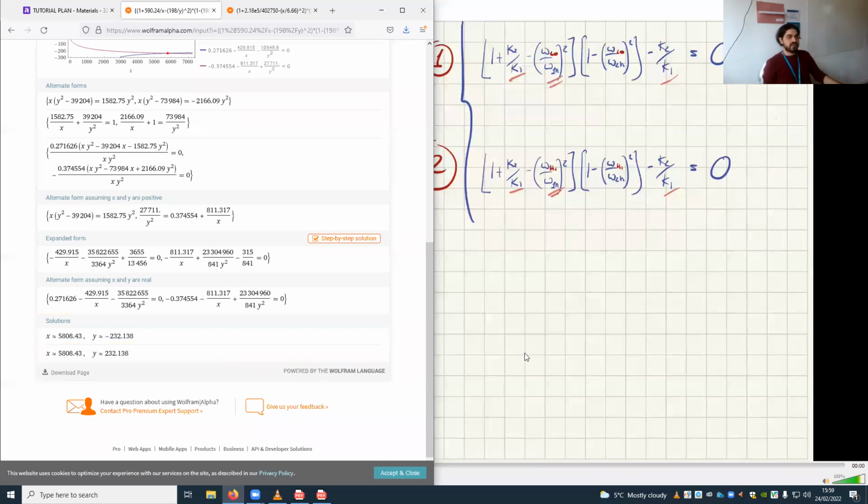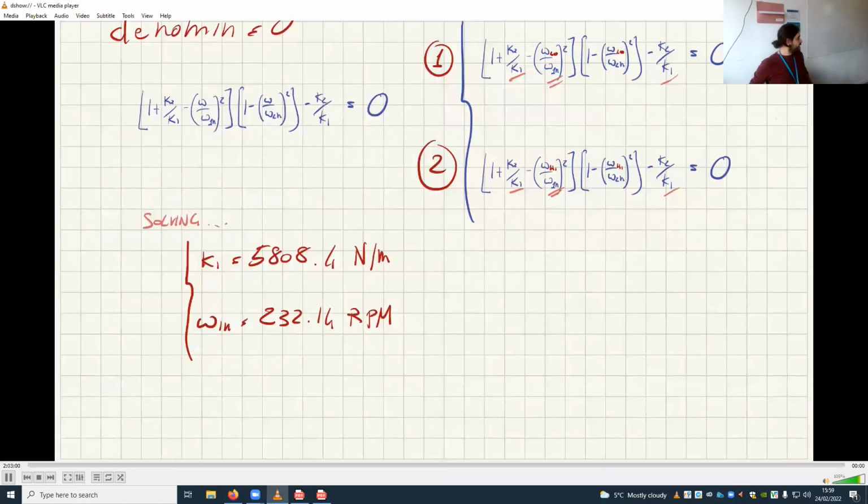See, it was violently shaking because at 232 RPMs, it's very close to the natural frequency of the pipe. That's why with the compressor at that speed, it was shaking.